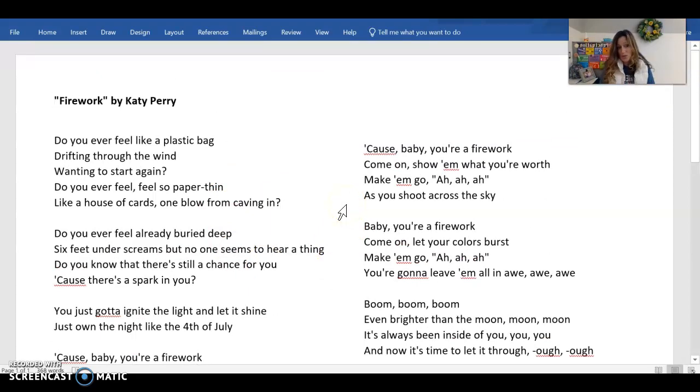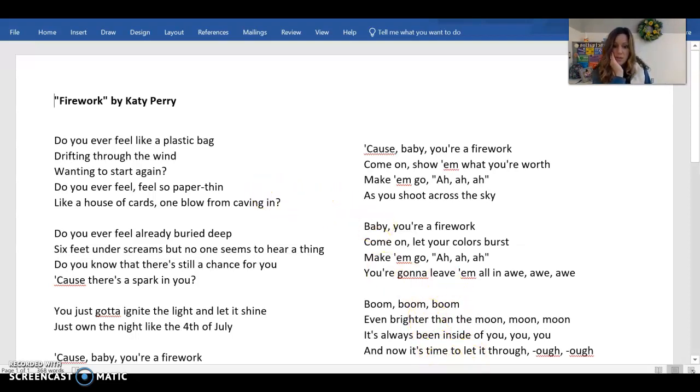But once you choose your song or your poem, you're going to want to make sure that you copy and paste that to another document, or make sure you have it and are looking at it, so that you can mark it up if you need to, that type of thing.